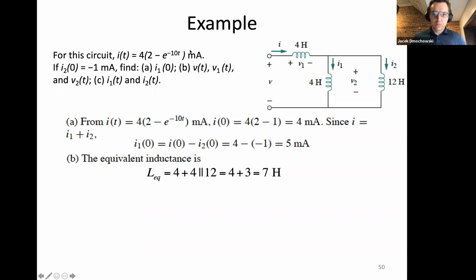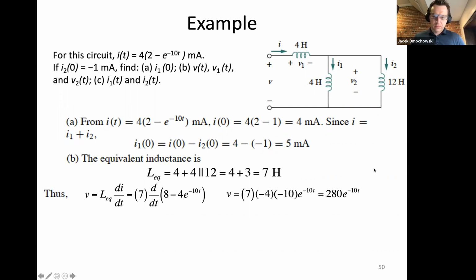And then we have to differentiate what's in the parentheses here, right? And so what's in the parentheses, right?